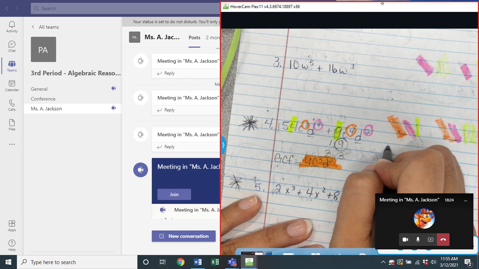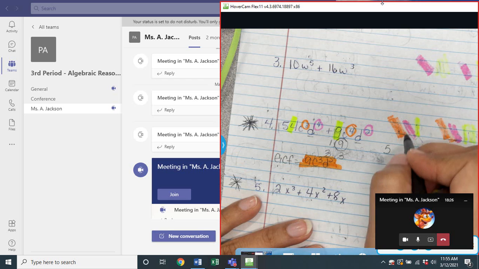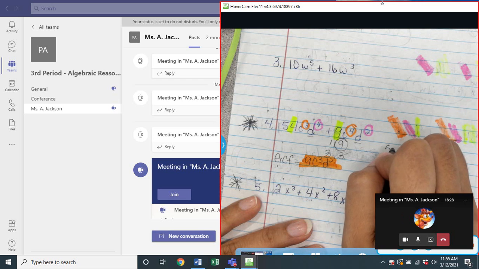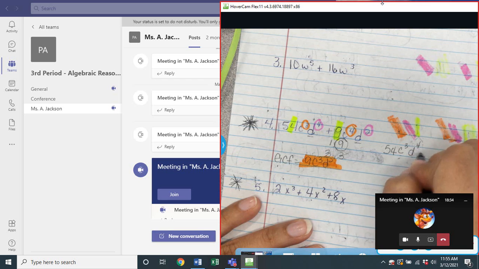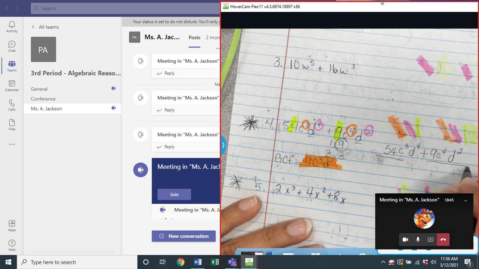Divide, you're correct. So I'm going to divide my polynomial expression, which is 54c to the power of 3 d to the power of 4 plus 9c to the power of 4 d to the power of 2. And I'm dividing by what you told me?